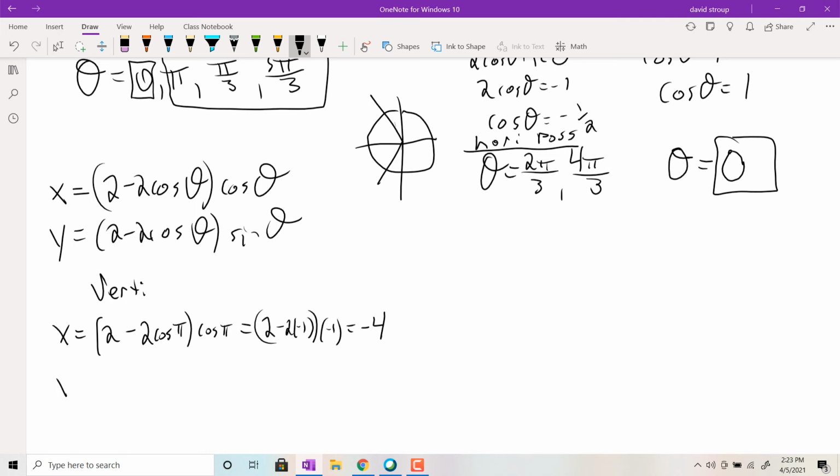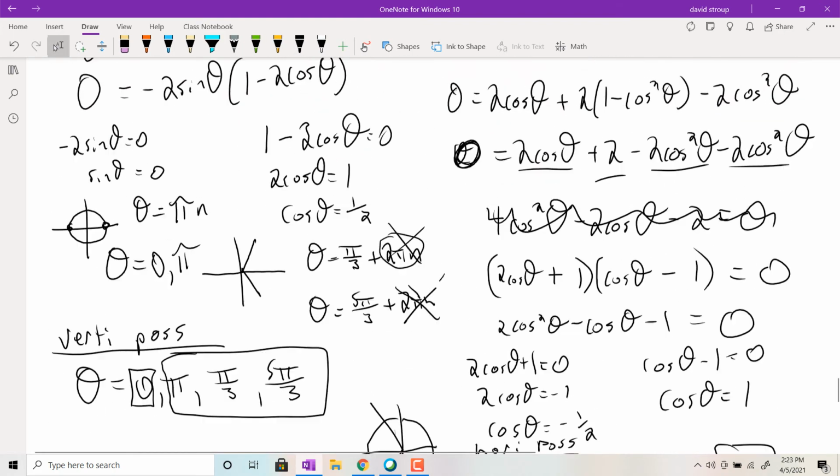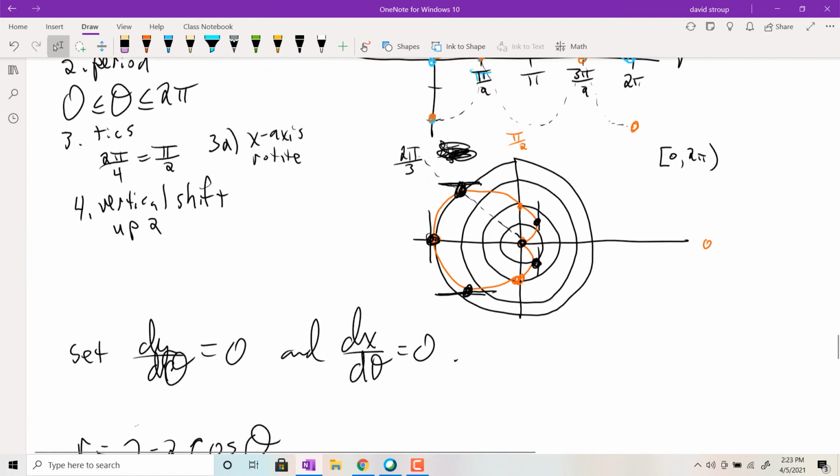And then the y coordinate, when you plug in pi, you get 2 minus 2 cosine of pi times sine of pi. Sine of pi is just 0, so that will just be 0. So we should get -4, 0. And if you look at the picture, that's one of the verticals.